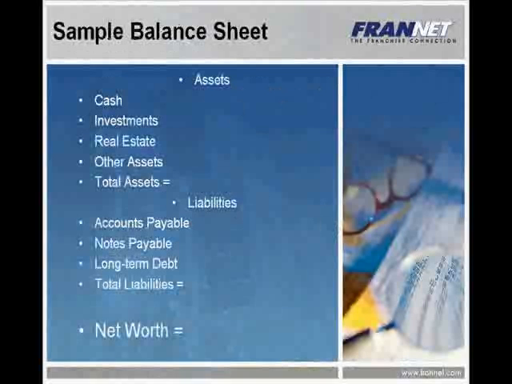On this slide, I have a very simple balance sheet breakdown to show you, where we've listed cash, investments, real estate, other assets. So we're going to get a total asset section, and then we list our liabilities. And that would be, again, those accounts payable, notes payable, long-term debt. So we get our total liabilities. Assets minus liabilities is going to give us our net worth.